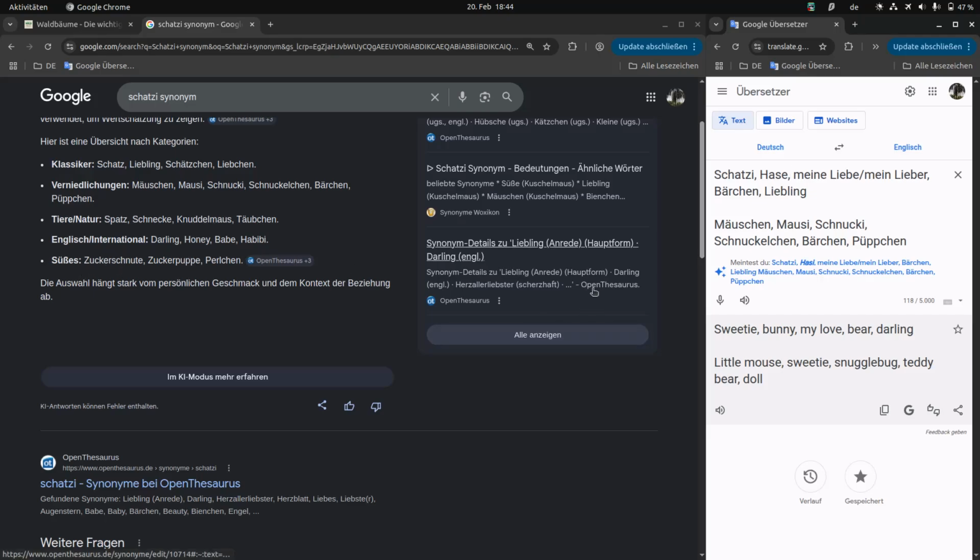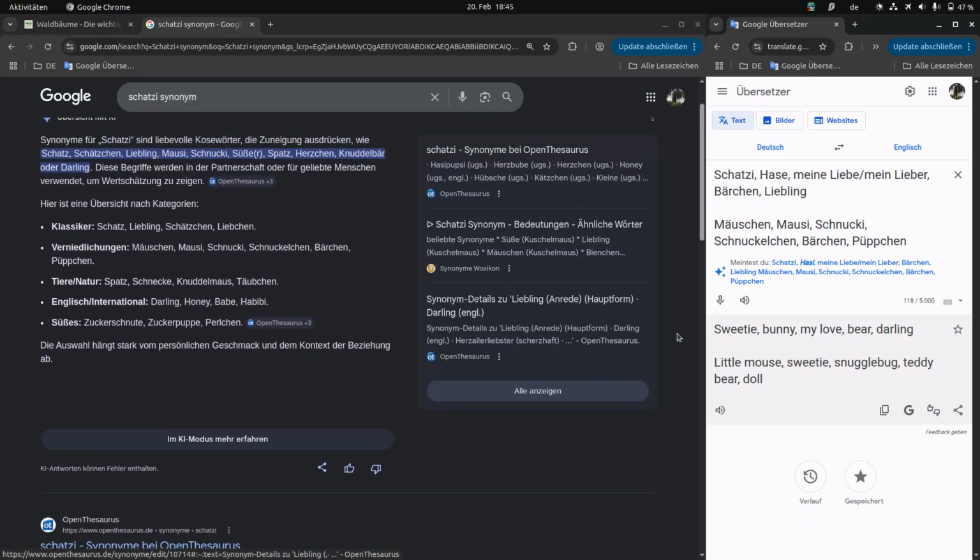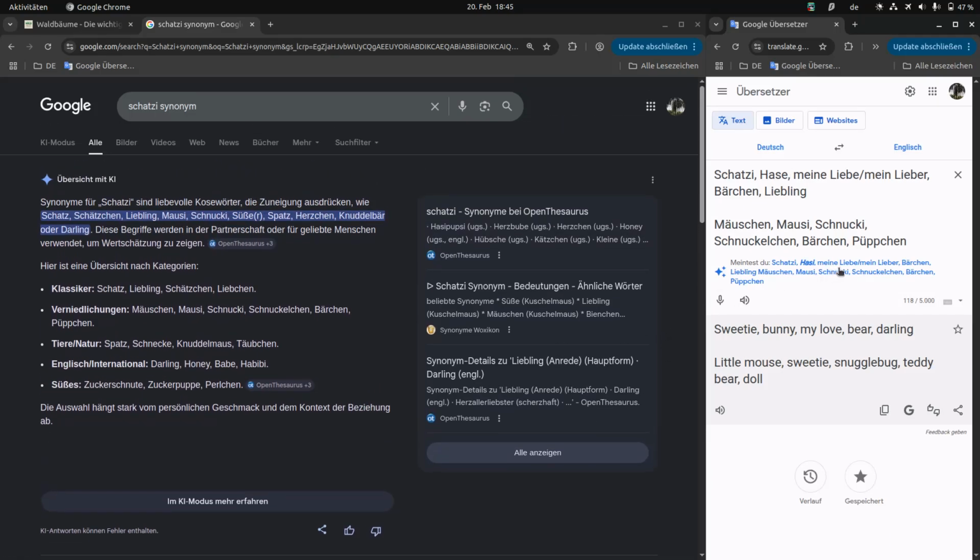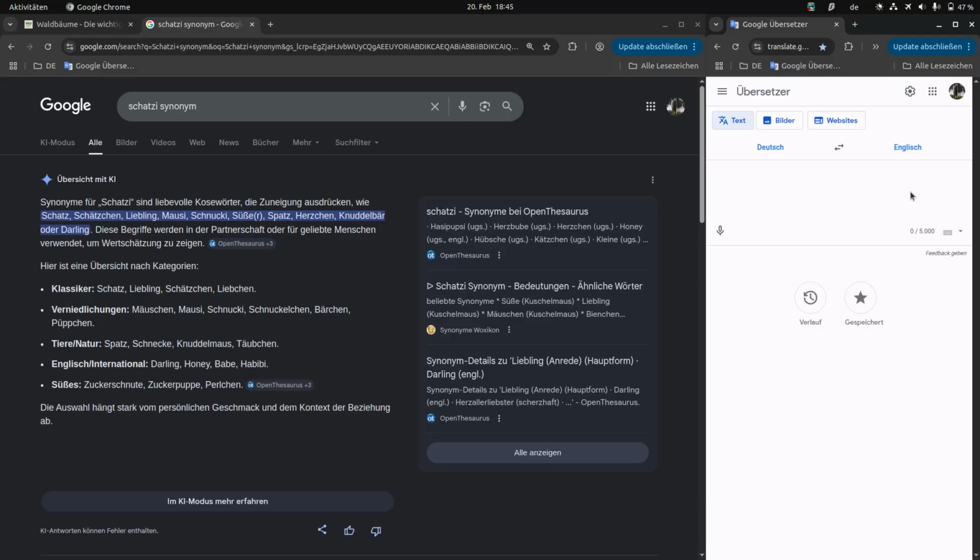But what I was also trying to say earlier is that, for example, Püppchen, when you approach someone because you want to get to know them, as a man, because you wouldn't use that as a woman to approach a man, Püppchen is not that nice to use. It's not the best choice to approach a woman, just as Zuckerpuppe is also not the best choice.